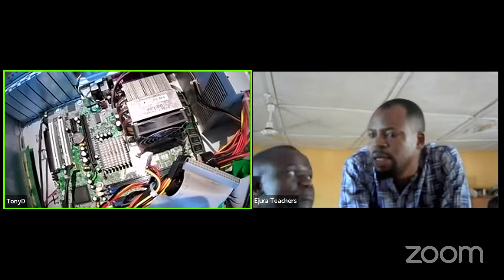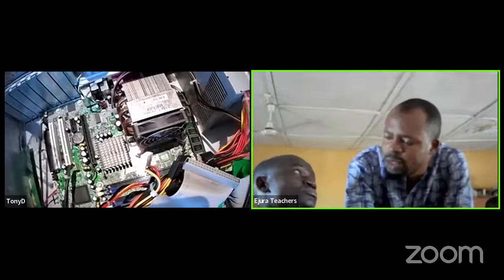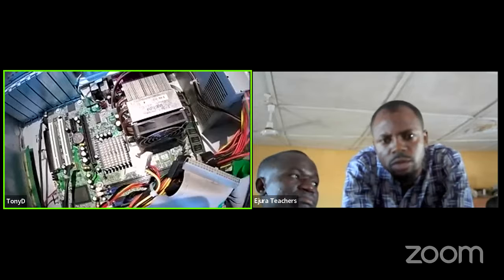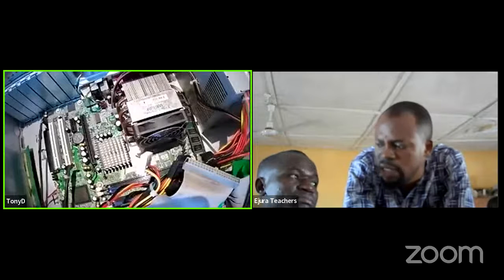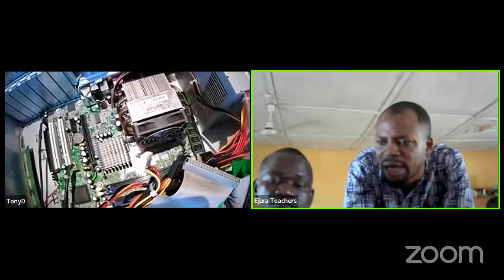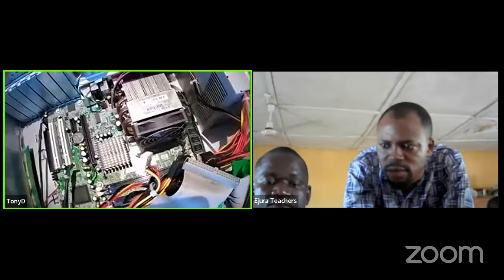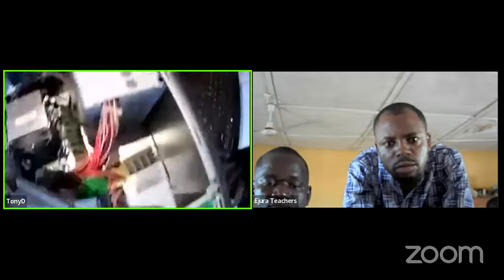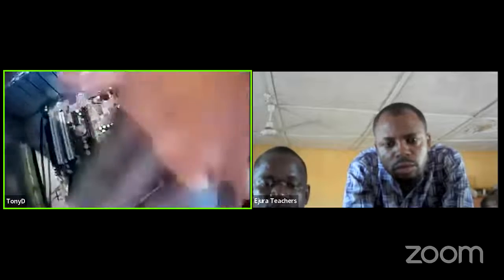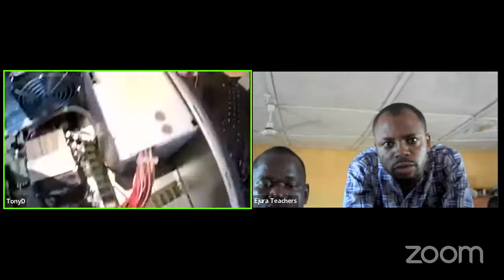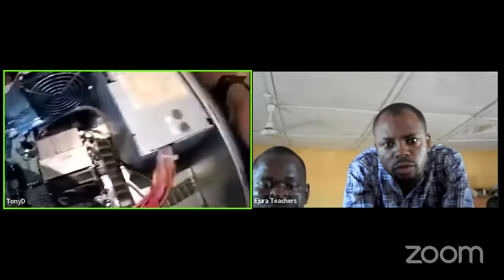The computer case houses all the components of the computer, so that these components will not be outside. All the components are put together in this case.